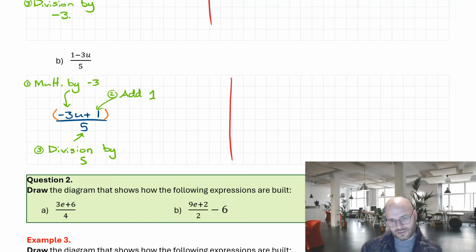Alright, let's construct the flowchart. Starting off, we have u. Next, it's going to become 3u. After which, it's going to become minus 3u plus 1.